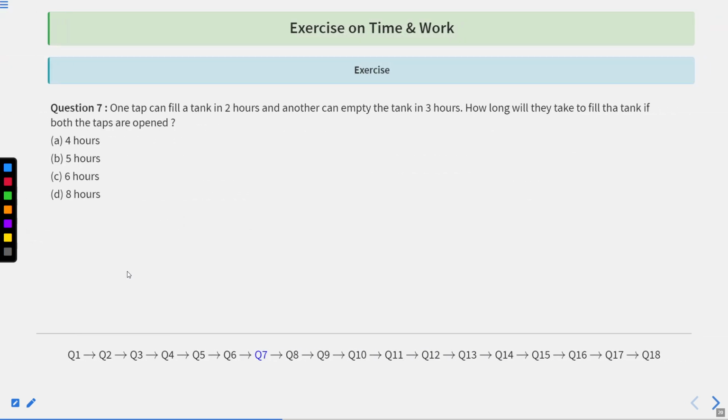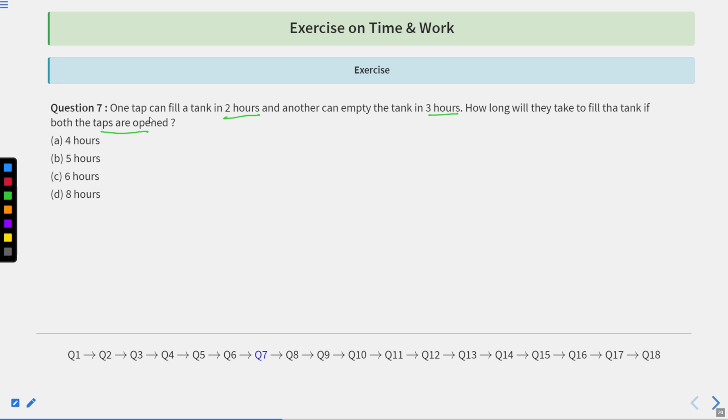Now, question number 7. One tap can fill a tank in 2 hours and another can empty the tank in 3 hours. How long will it take to fill the tank if both taps are opened? So, very interesting question. There is a tank in which there are 2 taps, one of which is used to fill the tank and another can empty the tank.